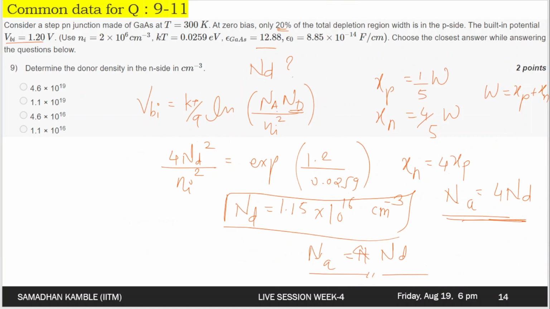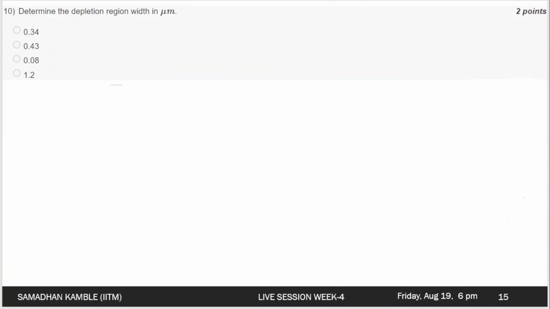Okay, so let's go to question number 10, which is based on this piece of information. Determine the depletion region width in micrometers.